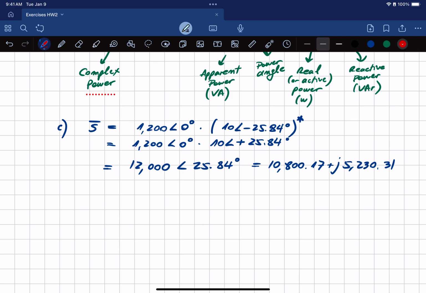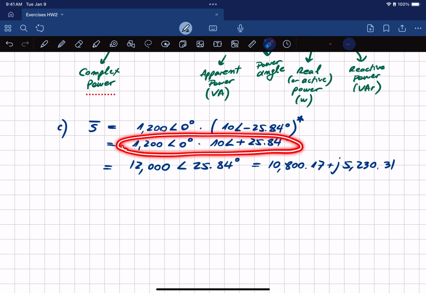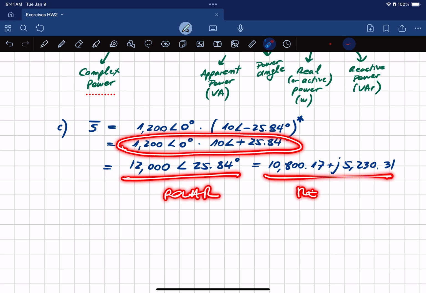So to answer the question, we calculated everything. It's not difficult, it's just a complex number calculation. This calculation gives us a complex number that can be expressed in polar form or in rectangular form.